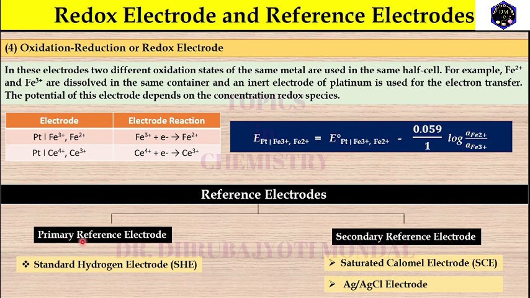The question is why it is called primary, why it is called secondary. These electrodes are secondary because you have to measure the electrode potential of this electrode with respect to the primary reference electrode, that means standard hydrogen electrode. That's why these are secondary reference electrodes. Now we have to know what is the cell diagram of SHE or standard hydrogen electrode and what is its electrode potential.